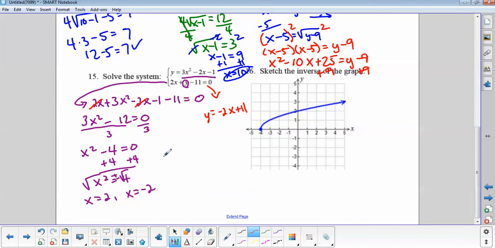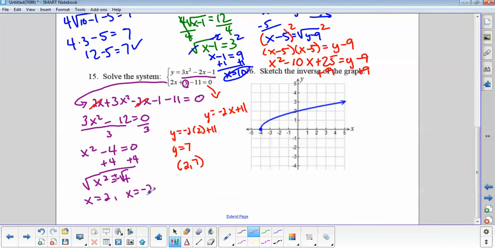And then I'm going to substitute in 2. So I have negative 2 times 2 plus 11, and I get negative 4 plus 11, which is 7. So that point would be 2, 7.